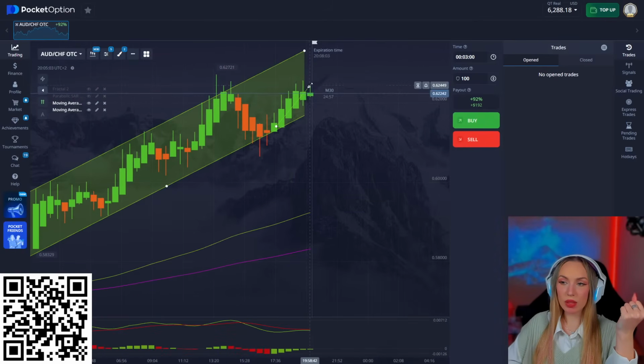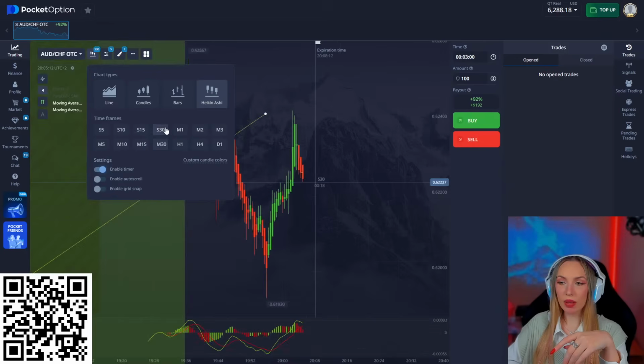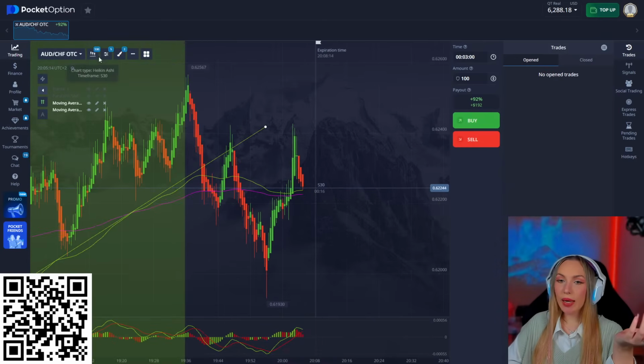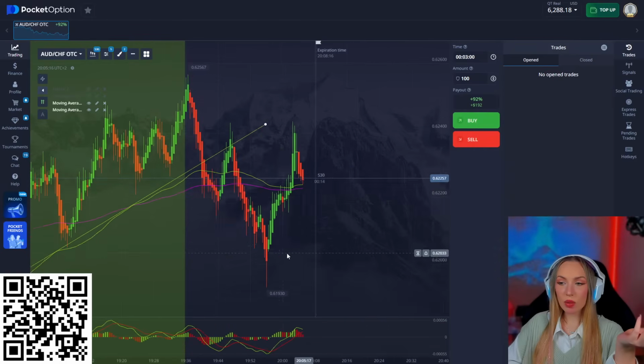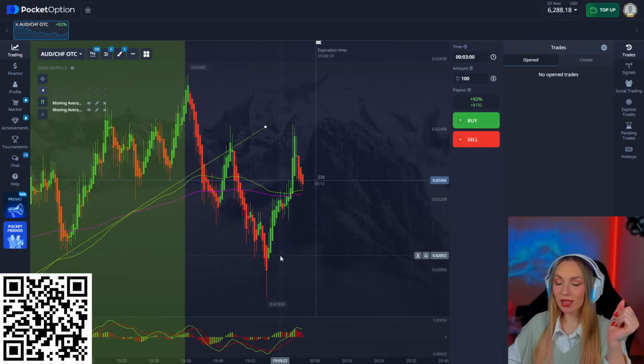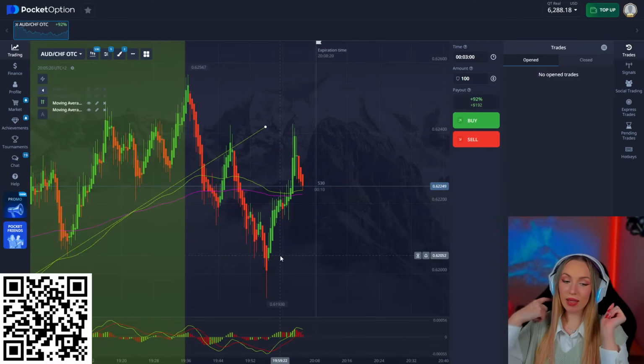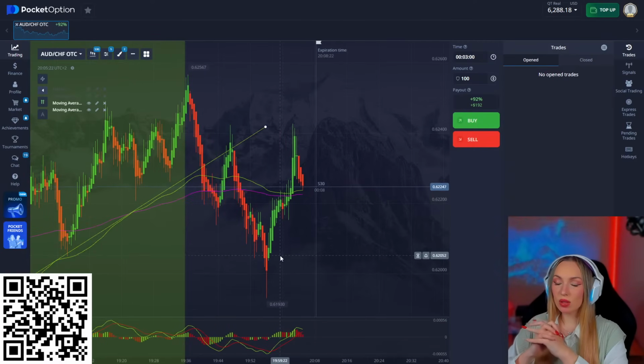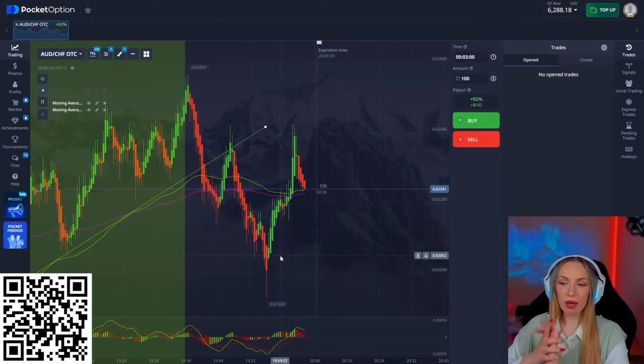You see, even here we can see it on, by the way, 30 minutes time frame. All the candles are green, so I believe that this one will go up. Anyway, right now it's forming a signal to open the trade in the downward direction, but I always tell you that I do not prefer to open the trades against the main trend.